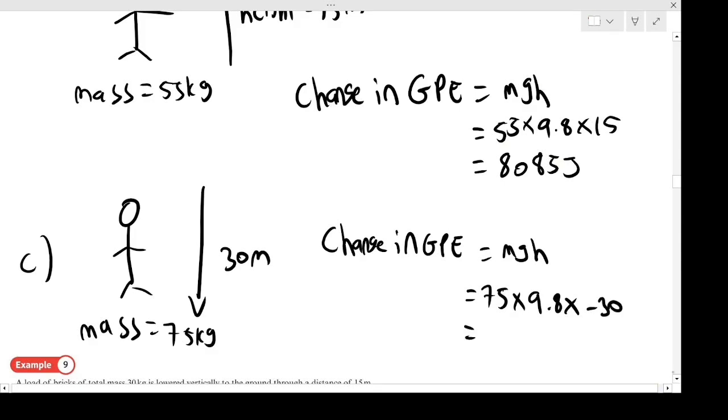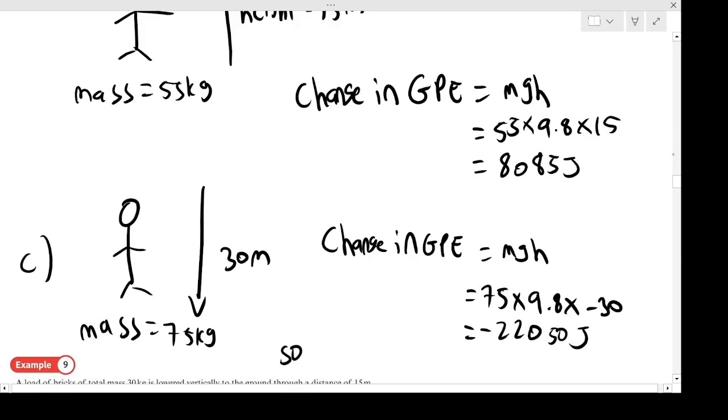So if I work that out, I have minus 22,050 joules. Now it's negative because it's going to be a negative change, and so what that means is it's going to be a loss in energy.